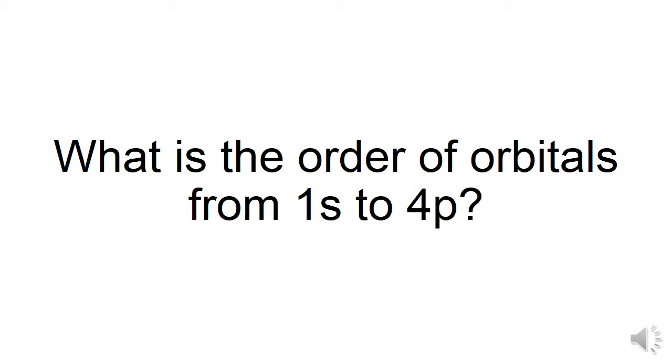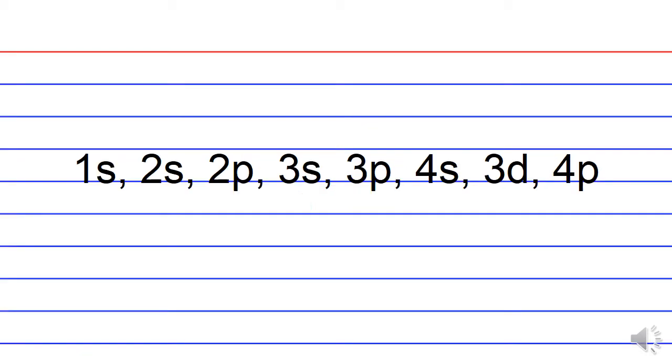The valence electron is in the p orbital, so that seems correct. What is the order of orbitals in terms of increasing energy? I'll give you a moment to think. The order is going to be 1s, 2s, 2p, 3s, 3p, and notice that the 4s orbital gets filled before the 3d orbital because it's of a lower energy state.